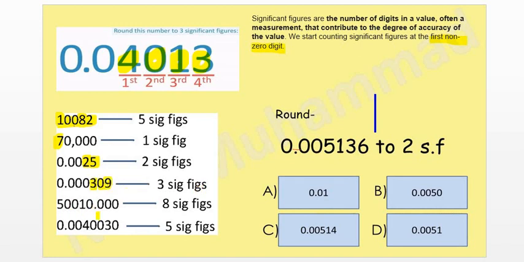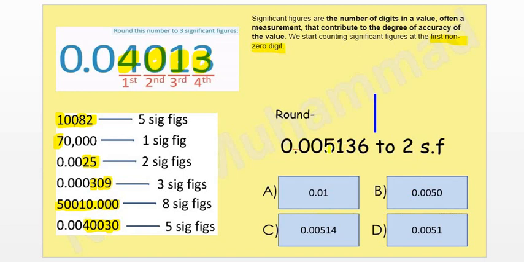Remember, if a number starts with a decimal and you have zeros at the end, they are also considered significant. You start counting from here: 1, 2, 3, 4, 5. So it has 5 significant figures. And this one has 8 significant figures because these zeros are placed at the end of the decimal, so you consider them significant figures.